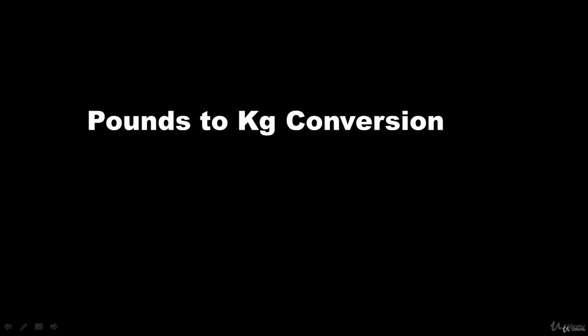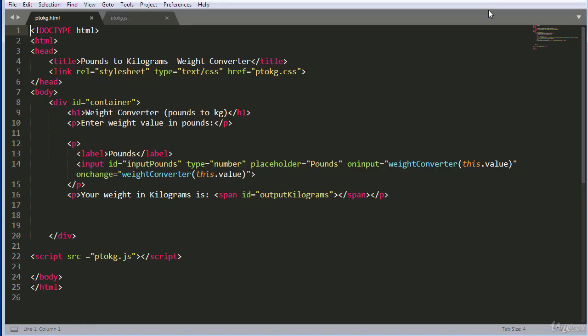Hello and welcome. In this video, I'm going to quickly run through the pounds to kilogram conversion tool. The code is very identical to the code we used for the kilogram to pound conversion. So I'm not going to explain too much because the code is identical. I will only focus on the areas that are different.